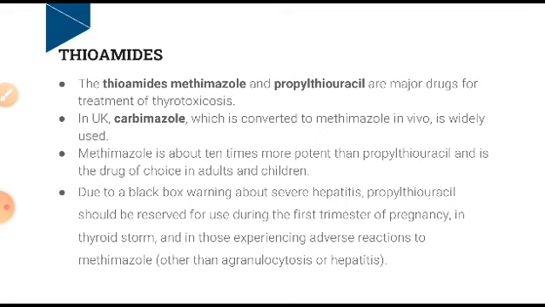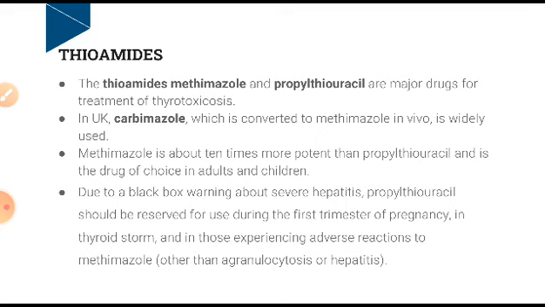Methimazole is about 10 times more potent than propylthiouracil and is the drug of choice in adults and children. Due to a black box warning about severe hepatitis, propylthiouracil should be reserved for use during the first trimester of pregnancy, in thyroid storm, and in those experiencing adverse reactions to methimazole.